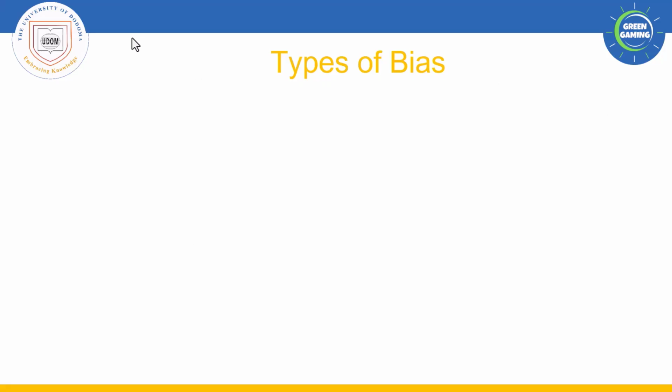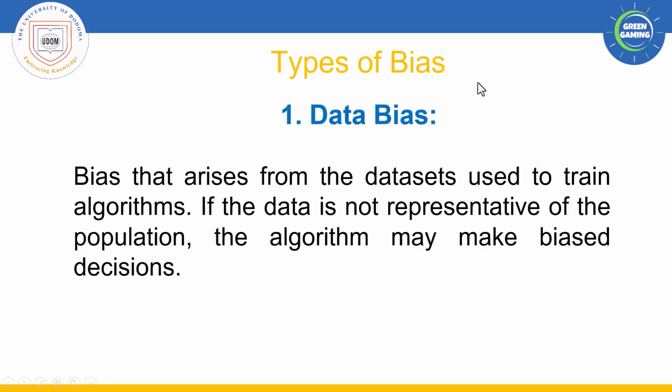So let's see different types of bias. Bias in algorithms can come from several sources. Here are three primary sources where bias can occur. The first one is data bias. Bias can arise from data sets used to train algorithms.